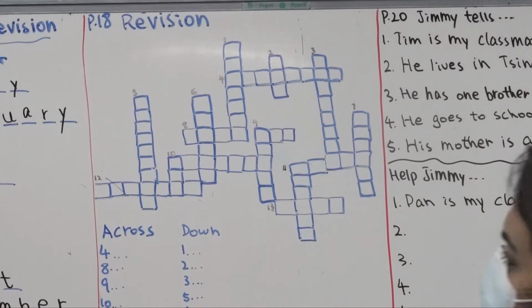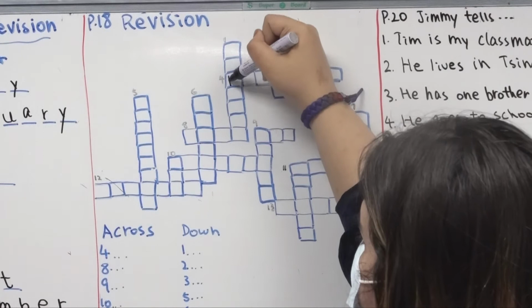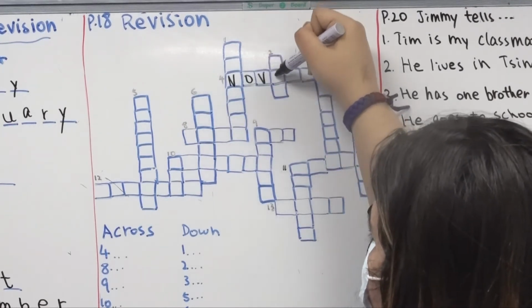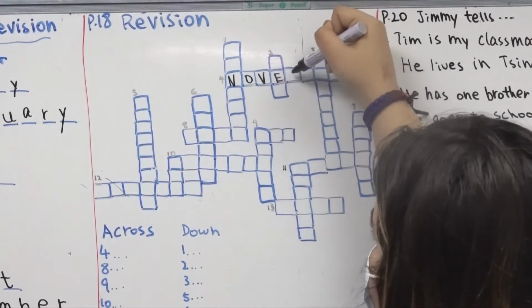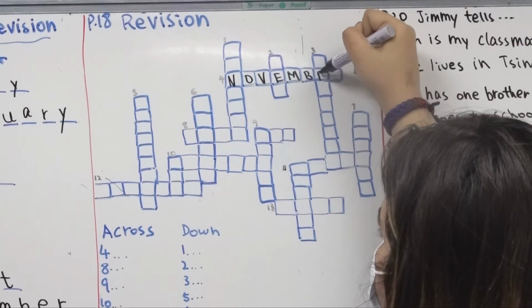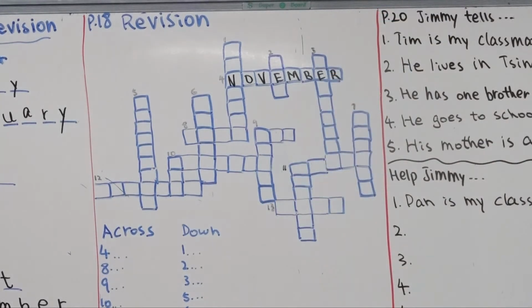How do we spell that? Remember the spelling? We have done revision on it. Good job. We are done with 4.